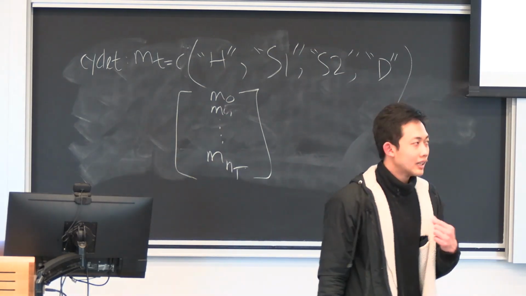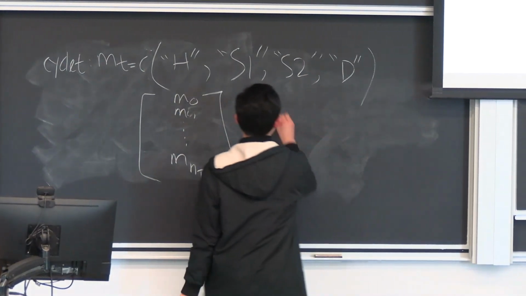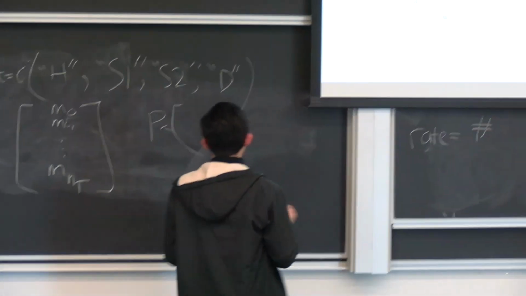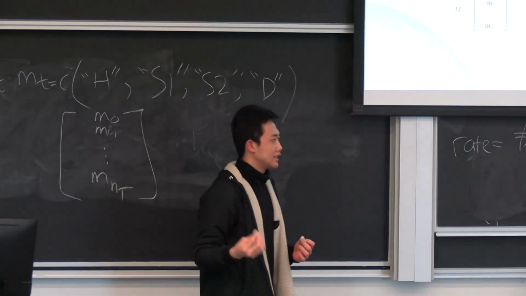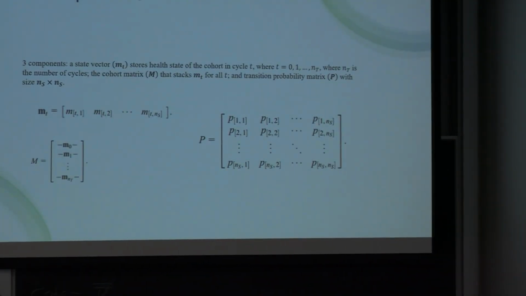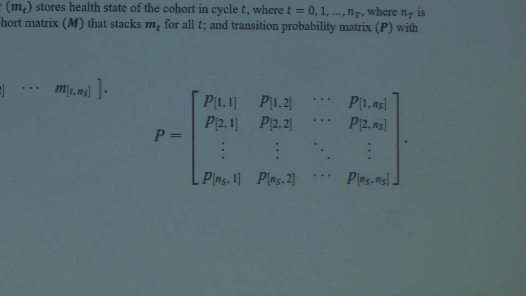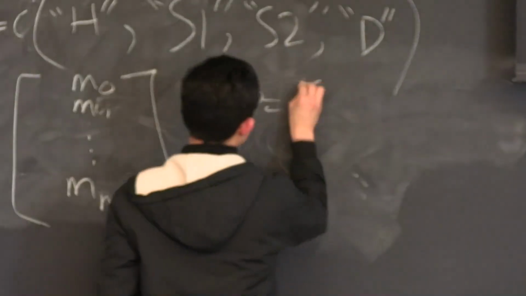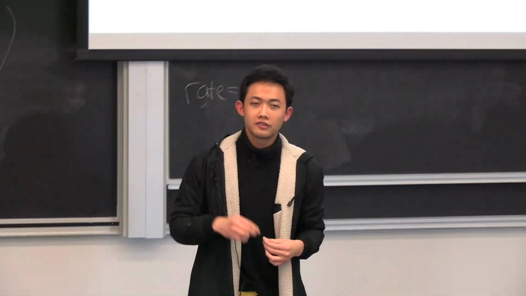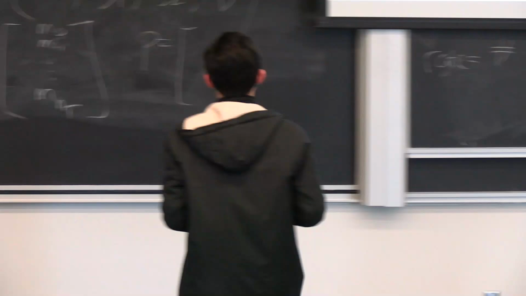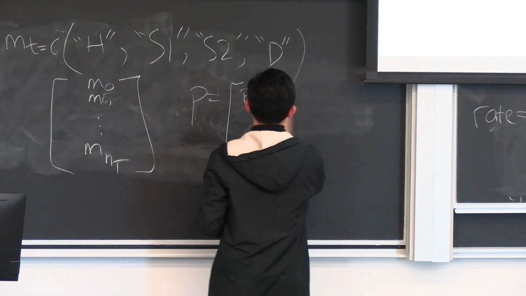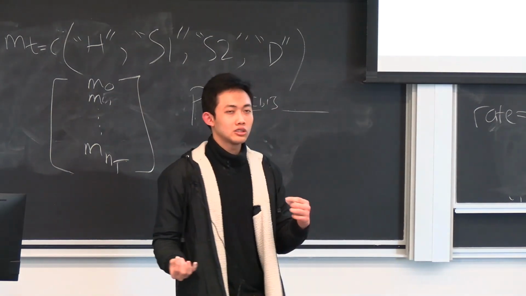And finally, we have the transition probability matrix, which is defined as the matrix of P_ij. Here, P_ij represents the probability of moving from state i to state j. For example, P_1,2 means the probability of transitioning from state 1 to state 2.